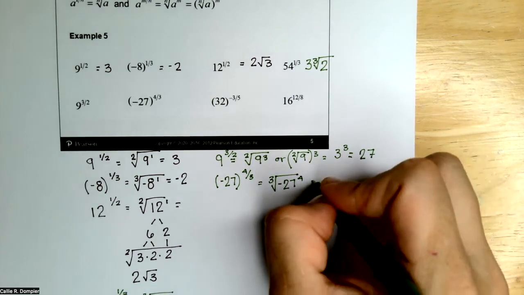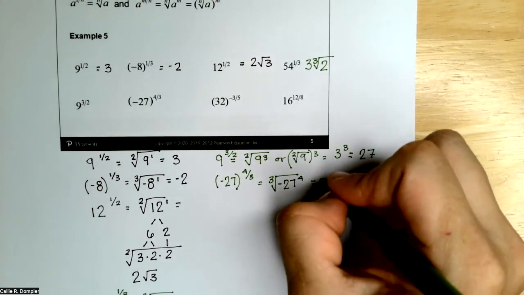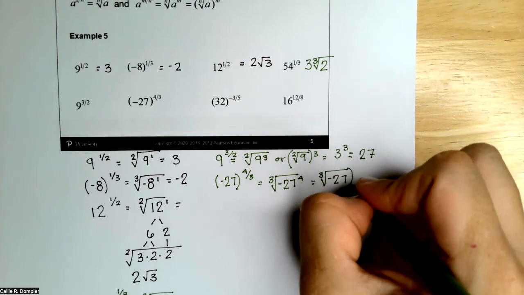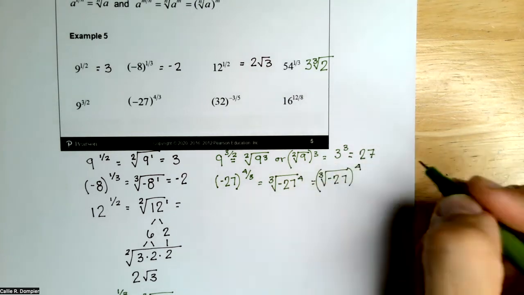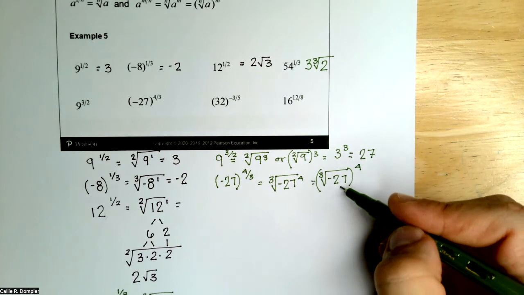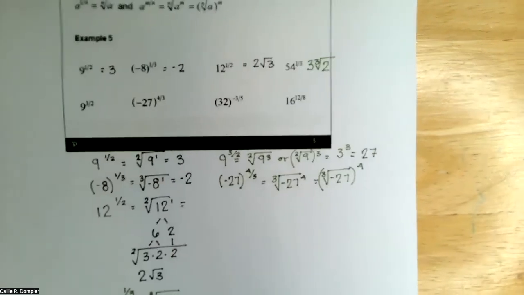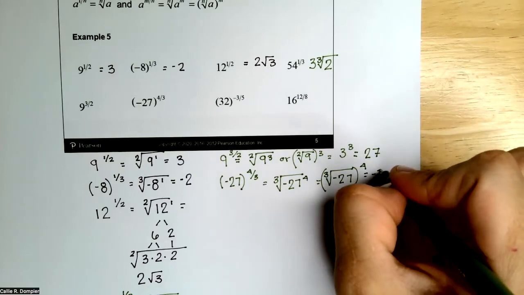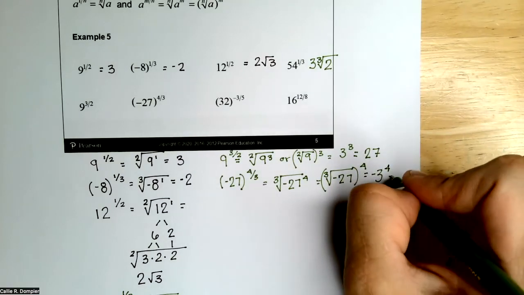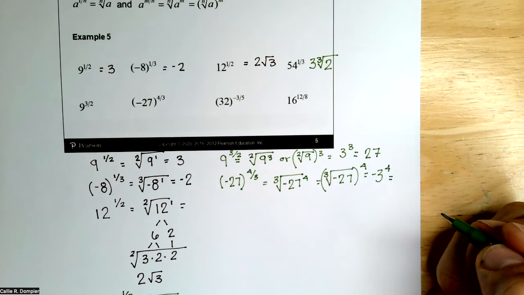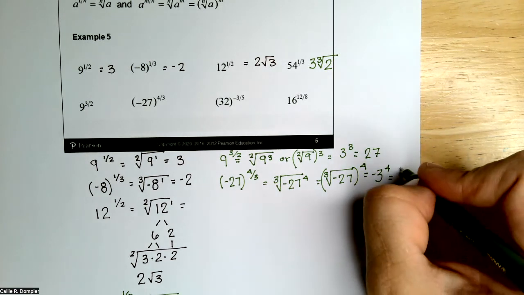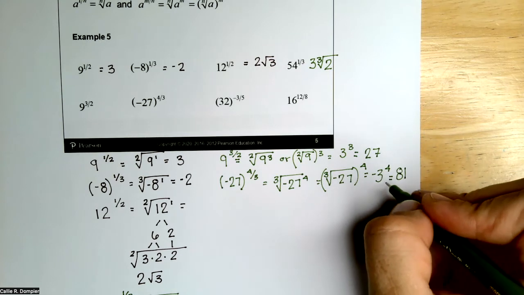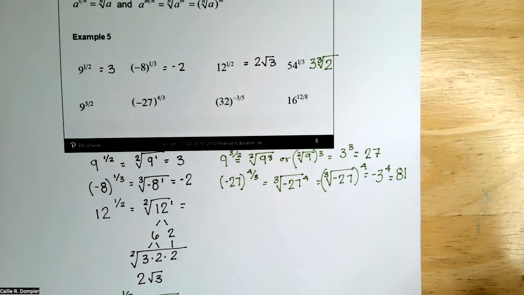So again, I can take the third root of negative 27 and raise it to the 4th. I know that negative 3 times negative 3 times negative 3 is going to give me negative 27. So I know that's negative 3 to the 4th, and negative 3 to the 4th is a positive 81, because negative times a negative is a positive, negative times a negative is a positive.